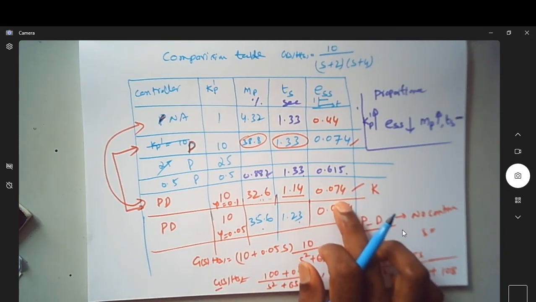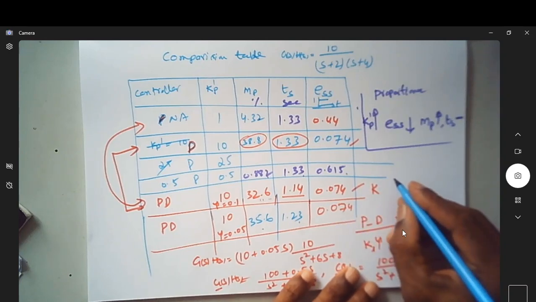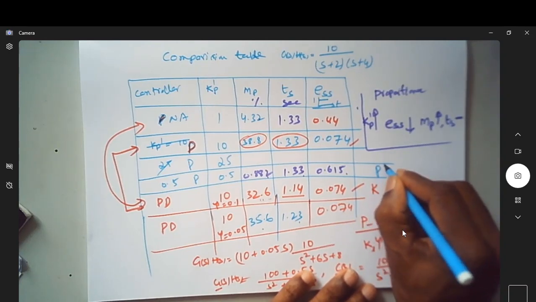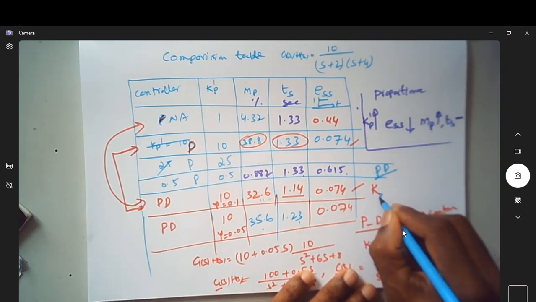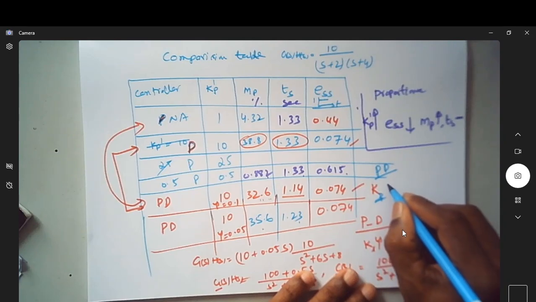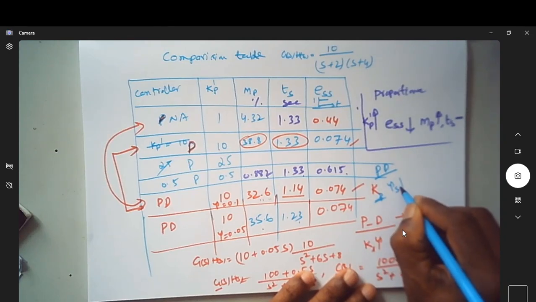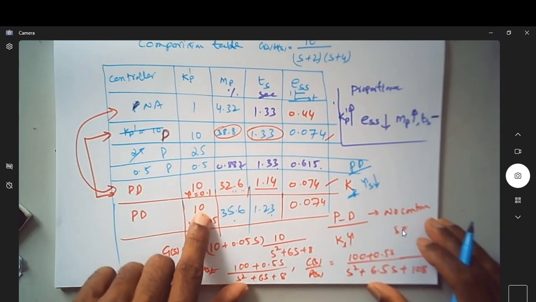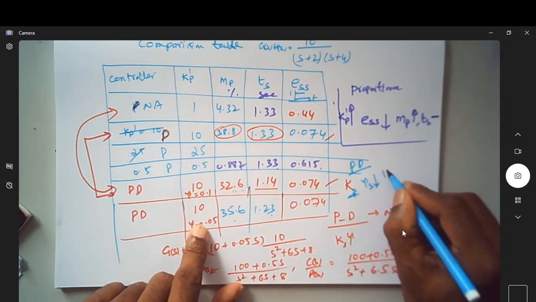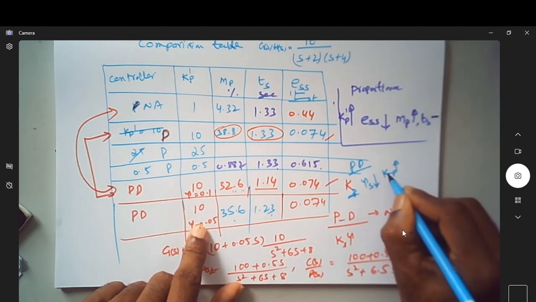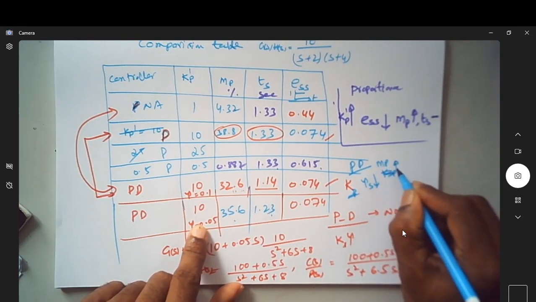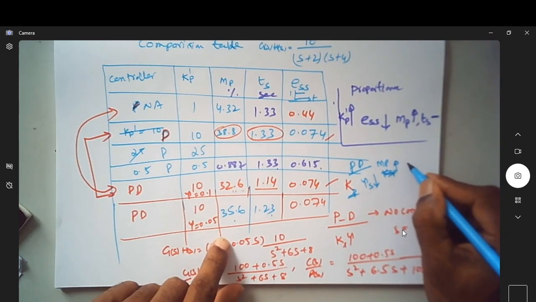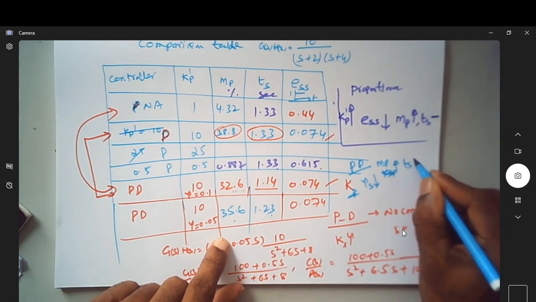So now in this PD controller, keeping this KP constant, if you reduce tau, the MP will increase, the TS will also increase.